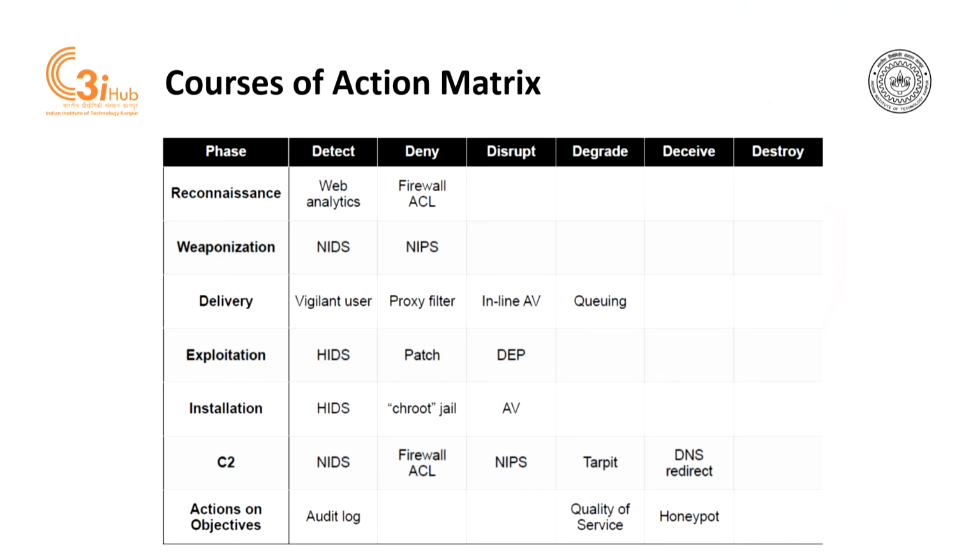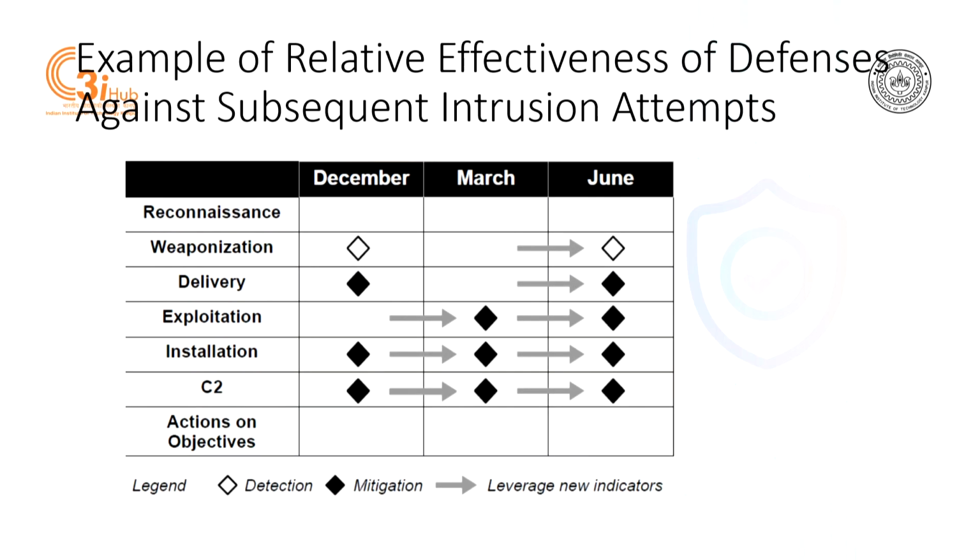The other thing is that, as I said, you have to keep measuring effectiveness over time, to see whether you are doing better. Here is a made-up example. An organization may want to see whether in December it was able to detect weaponization but did not stop there, though it could stop the delivery by having mitigation.